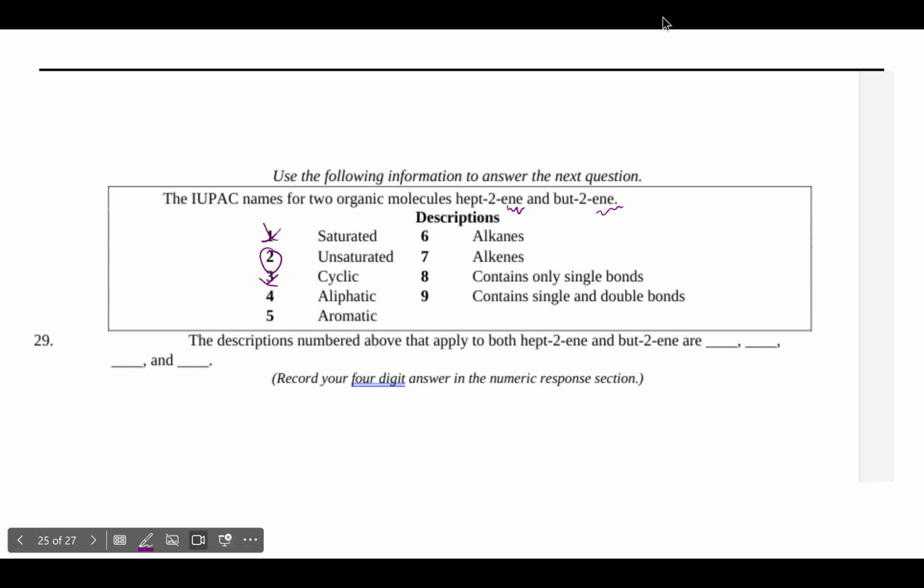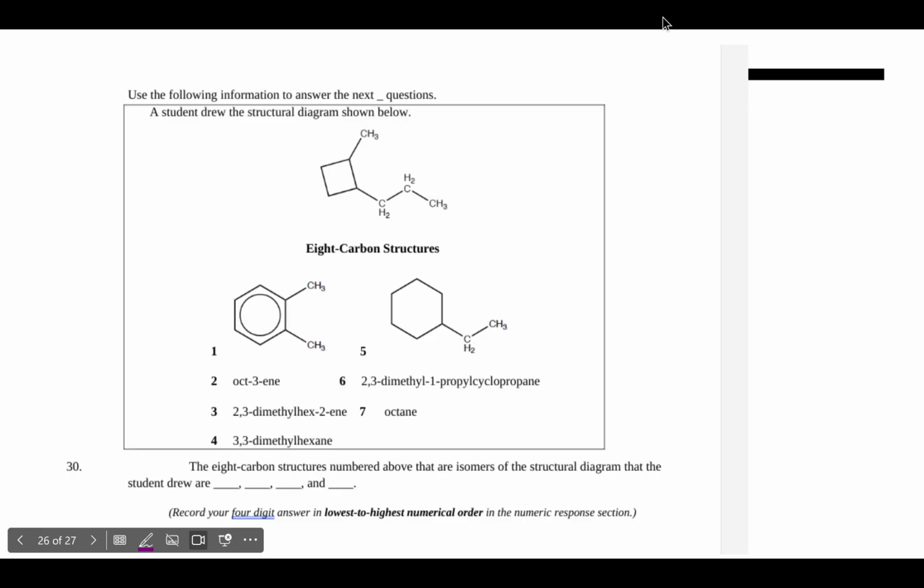You don't see a benzene ring, so you're not aromatic, which would make you just aliphatic. You are not an alkane. You're an alkene because there's double bonds, and same reason for the last two. Not 8, but you are 9. So saying it contains single bonds, so even though you have one double bond between 2 and 3 on each of these, the rest would be single bonds. So here we had 2, 4, 7, and 9.